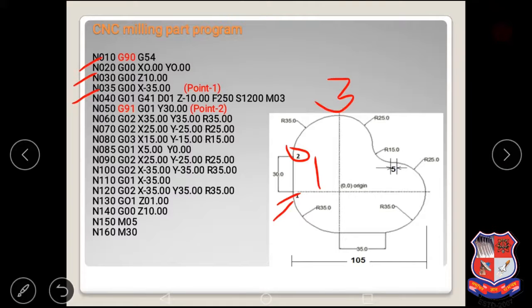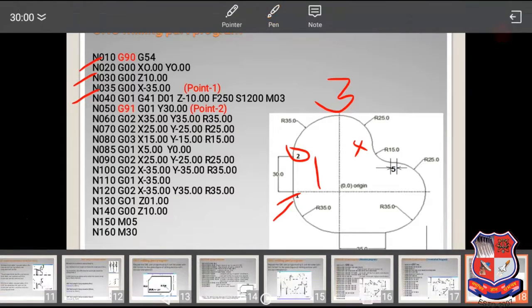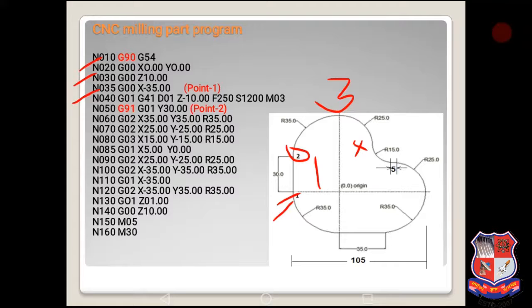Now another curve is there. If we designate it as point number 4, we have to move up to this point. So this is our end point, so the coordinate value must be calculated as per this point. Of course, we use the incremental mode command.